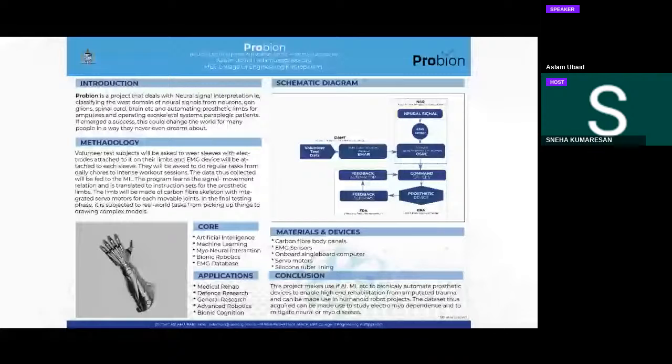But what we learned was each person is different, and each person contributes different types of signals, though the average would be the same. But what happens is, data which is harvested from one person could not be used for the other in the similar way.